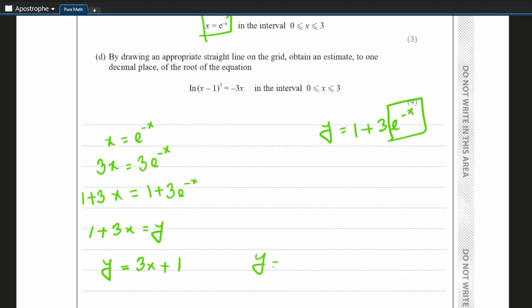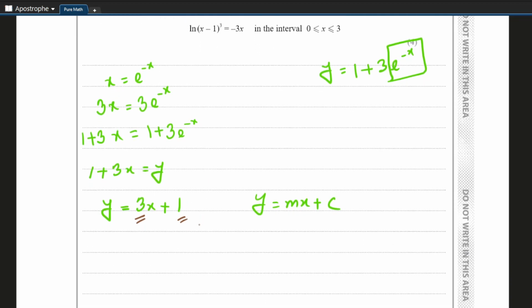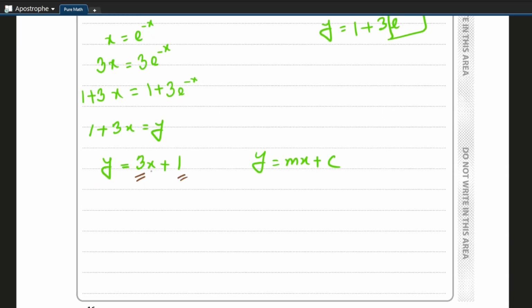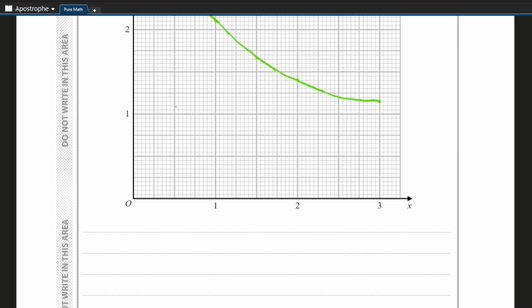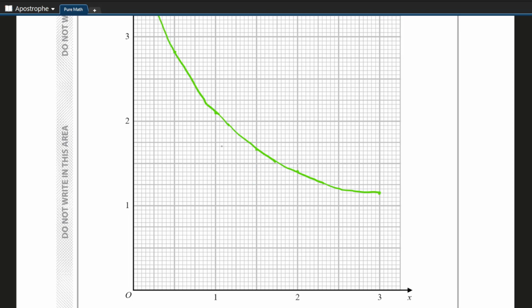This is y is equals to mx plus c, equation of a straight line where 3 is the gradient, 1 is the y-intercept. So if we draw this line that's gonna intersect with this curve, the intersecting point is our solution.